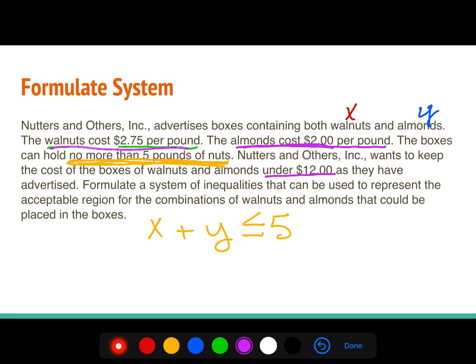Almonds are $2 a pound, and walnuts are $2.75 a pound, and we want to keep our cost under $12.